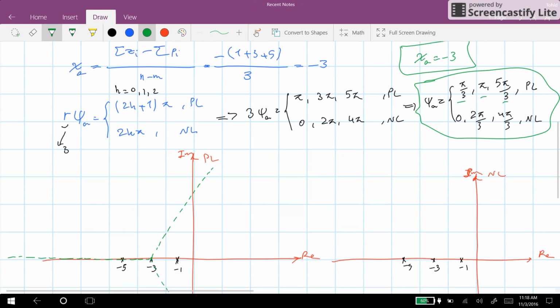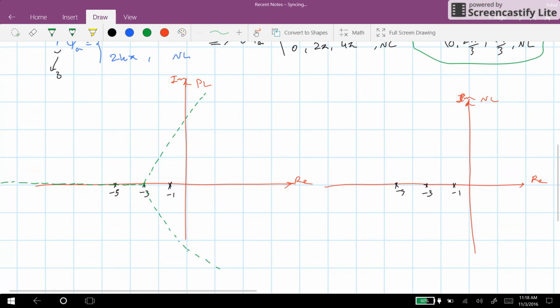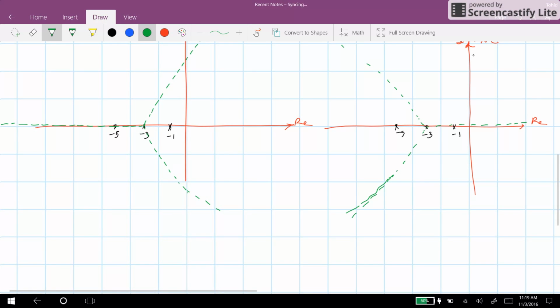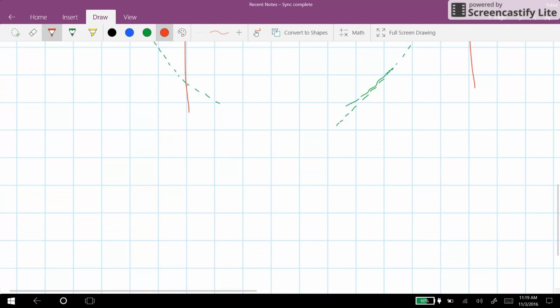And for the negative locus, we have 0, 2 pi over 3, and 4 pi over 3. Starting from -3, this is one of the asymptotes, and then 2 pi over 3 and 4 pi over 3, something like this. It's not the exact drawing, but it's already enough for us to draw it this way. So we have the asymptotes.